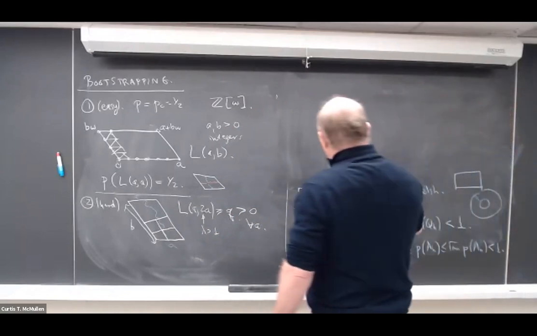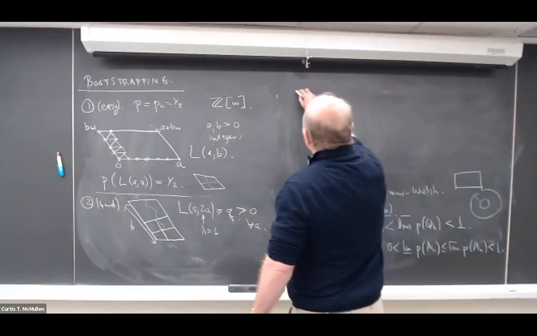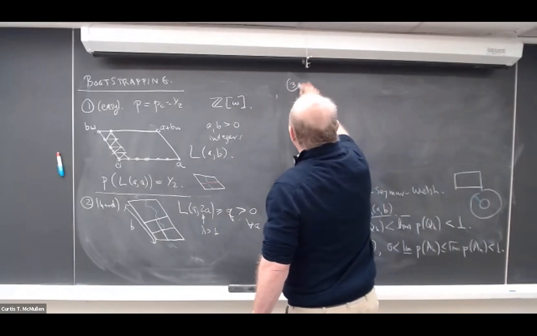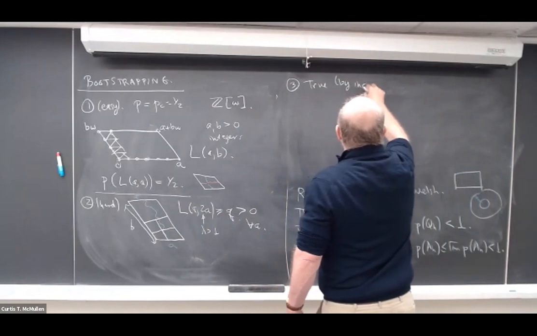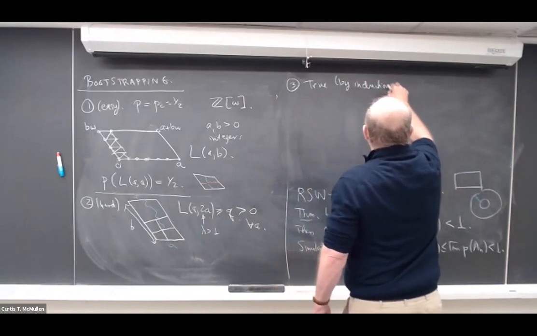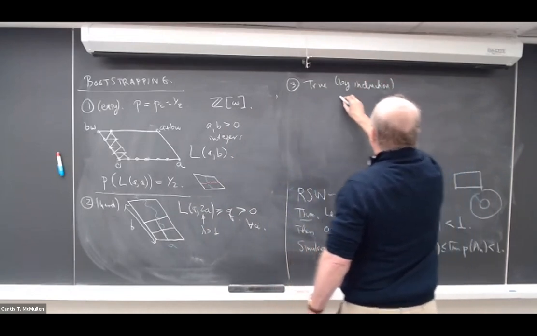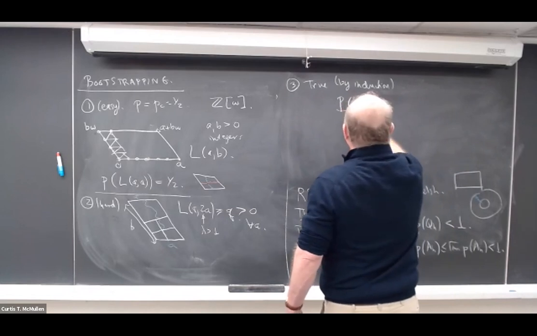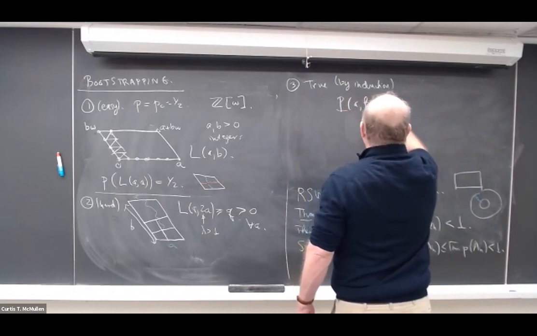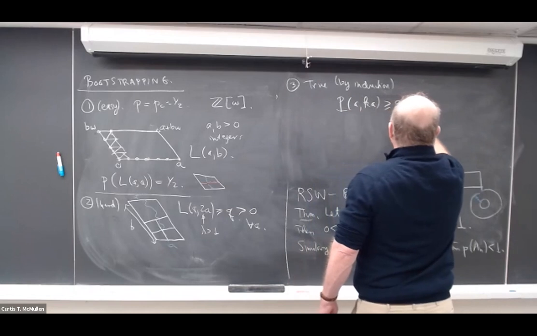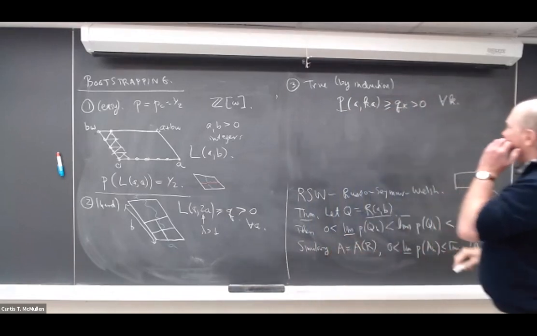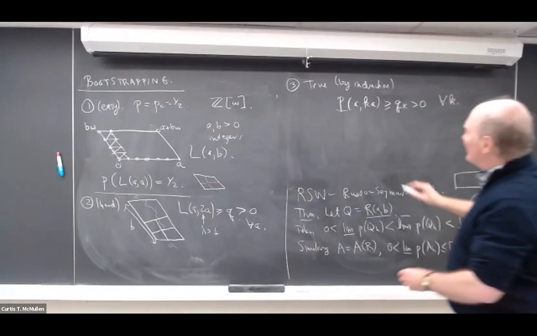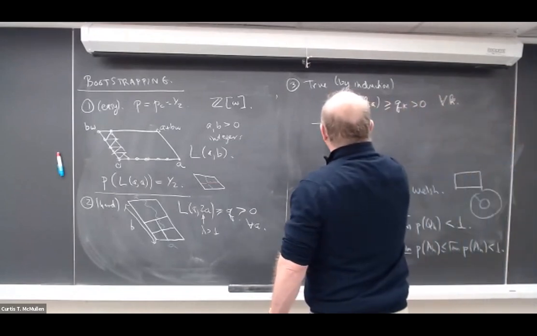And so 3 is now true by induction, that the probability of crossing L of A, KA is greater than or equal to some q_k greater than 0 for all integers k. And let me explain roughly why this is true.